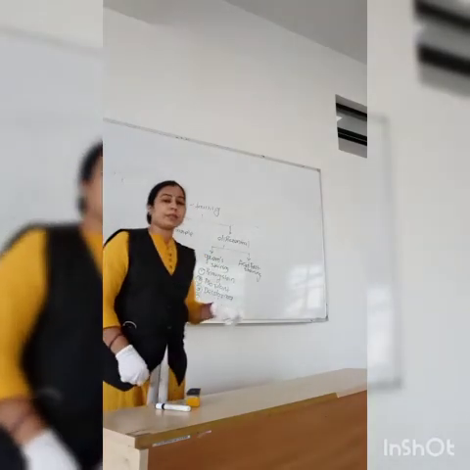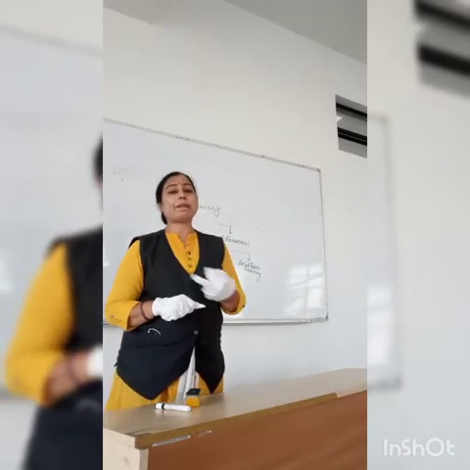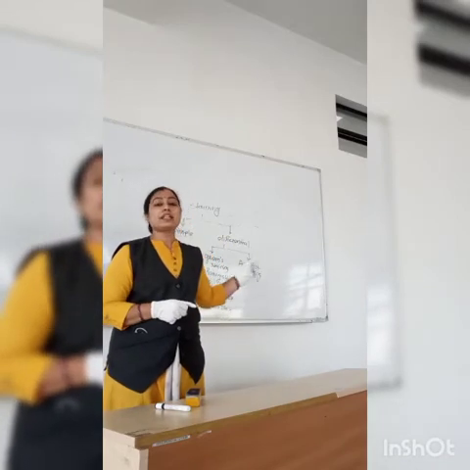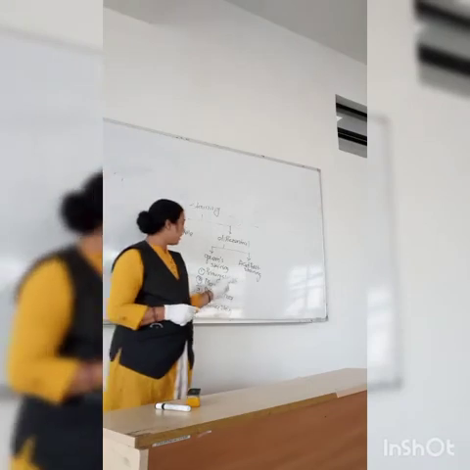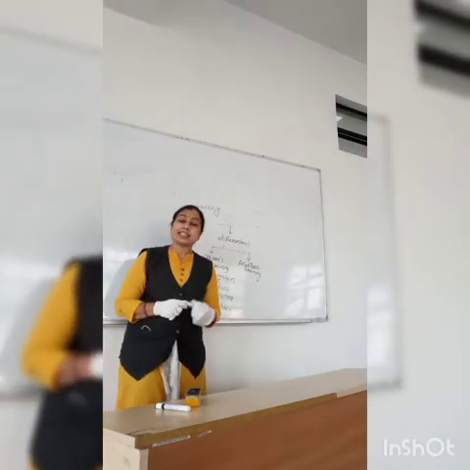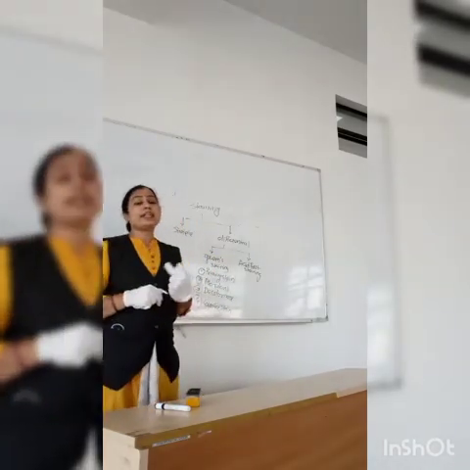The primary stain means the stain which we use the first time. We prepare the smear and after that we flood the smear with crystal violet, or we can use methylene blue. The first stain used is crystal violet, so it is called the primary stain. Second is the mordant.